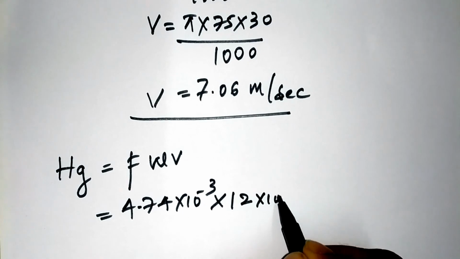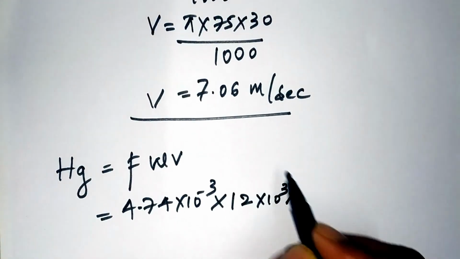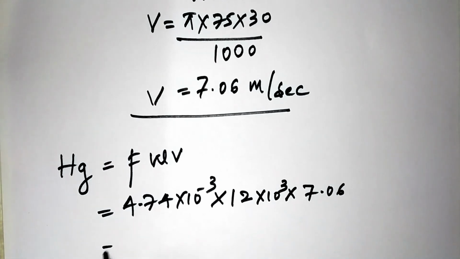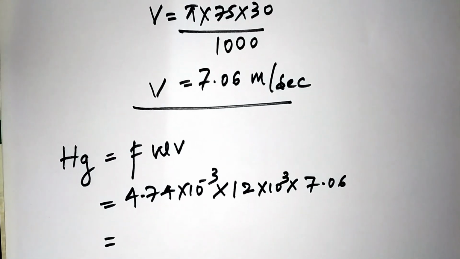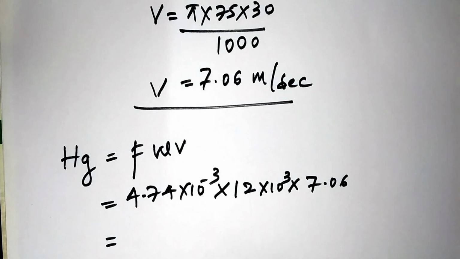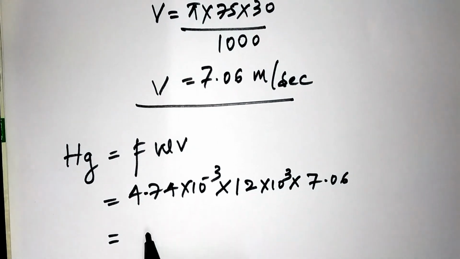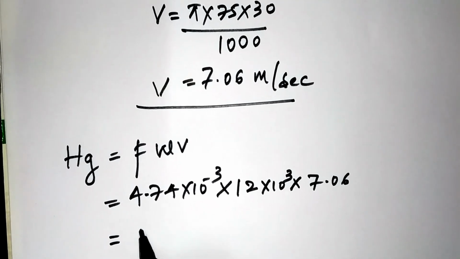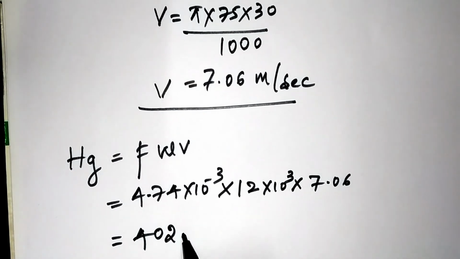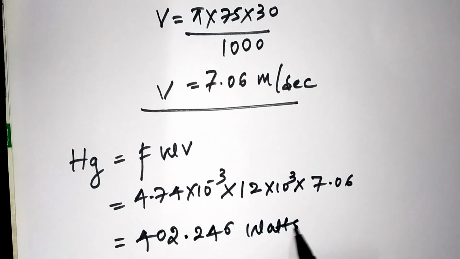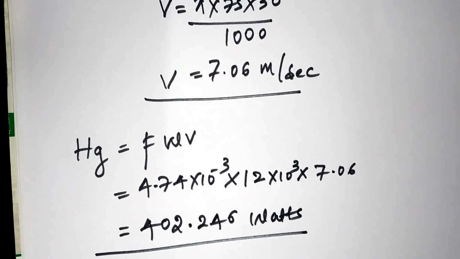So 12 into 10 to the power of 3, into the velocity which I have calculated here, 7.06. That is the amount of heat generated here. It comes with the unit of watts, so the answer will be in terms of watts. After doing this, I'll get the answer as 402.246 watts. So this is the amount of heat that will be generated in the journal bearing.